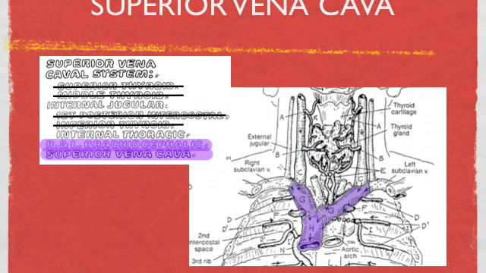You must be able to label these as the right brachiocephalic and the left brachiocephalic. The little internal thoracics are colored here and are actually drawing from the inside of the thoracic cavity. They're minor, but you should be able to identify them here.